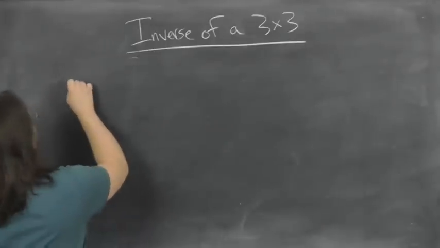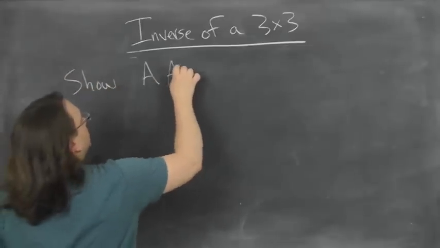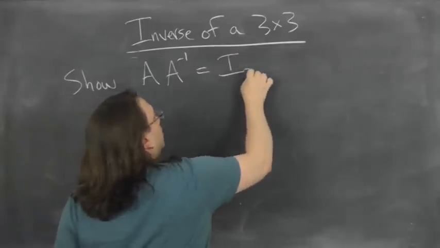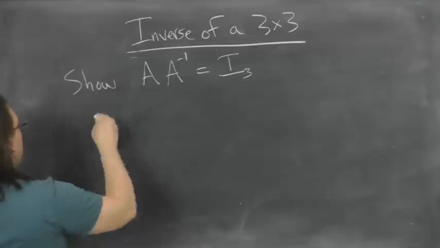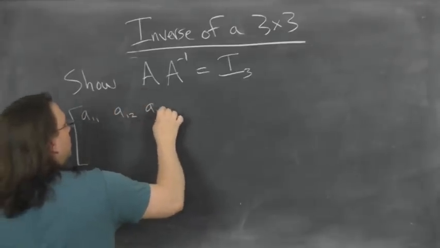So we're going to compute and show that A times A inverse using that formula is equal to the 3 by 3 identity matrix. So A is A11, A12, A13.